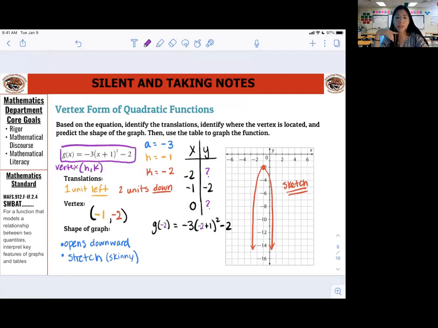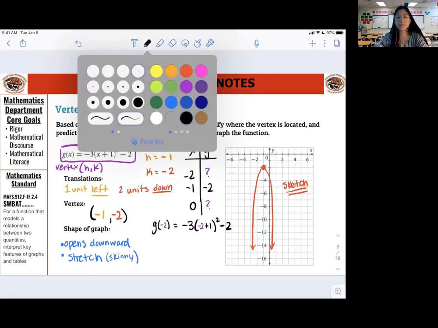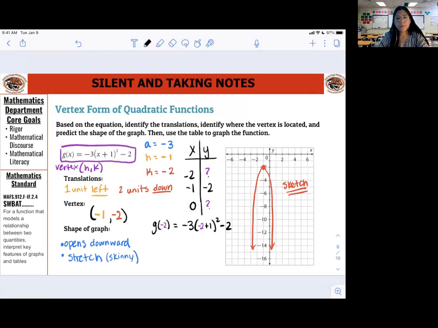Order of operations, what do I do first? Parentheses go first. So -2 plus 1, what do I get? -1. -1 squared, that's what I do next. My exponent goes next. What do I get? +1.